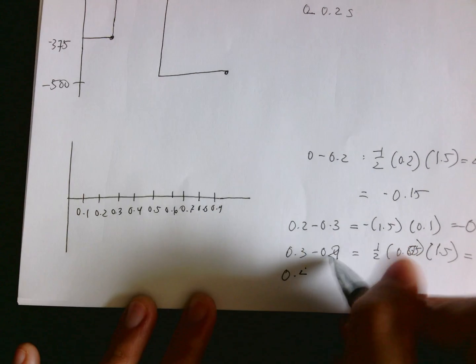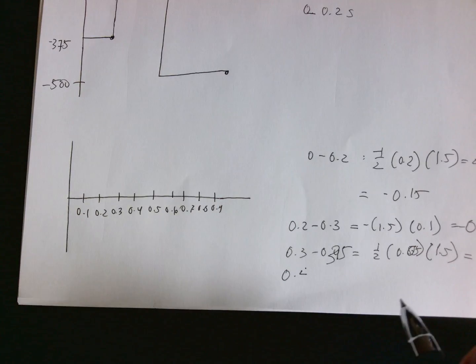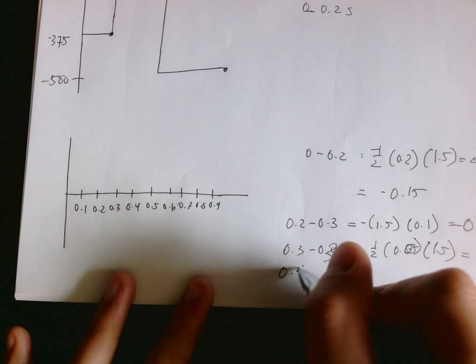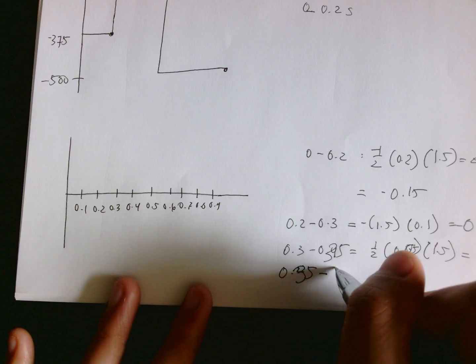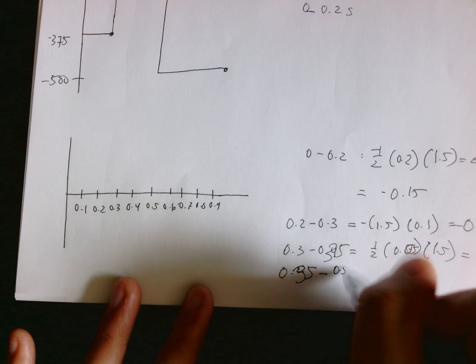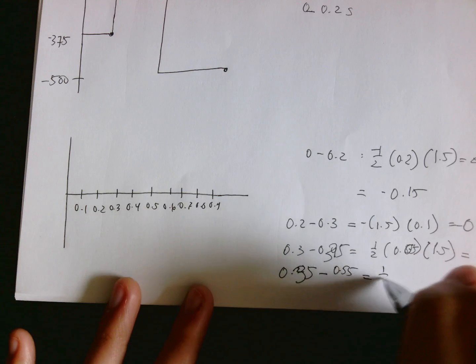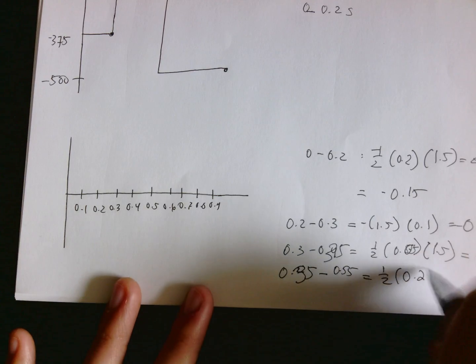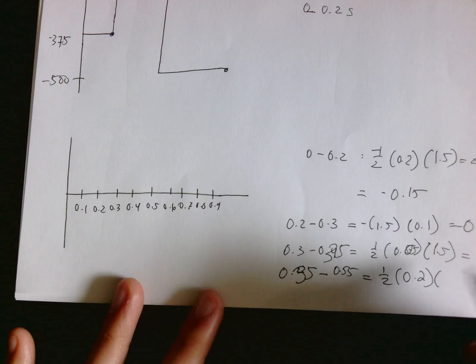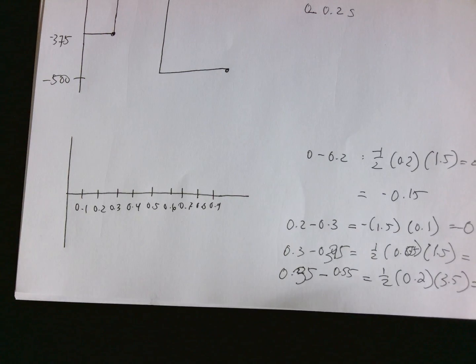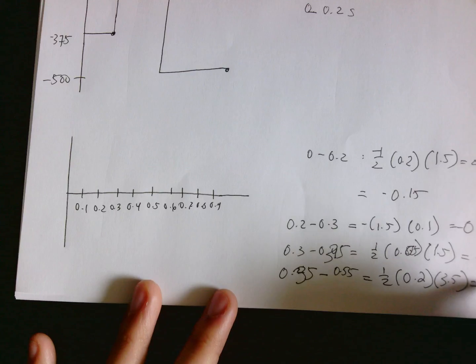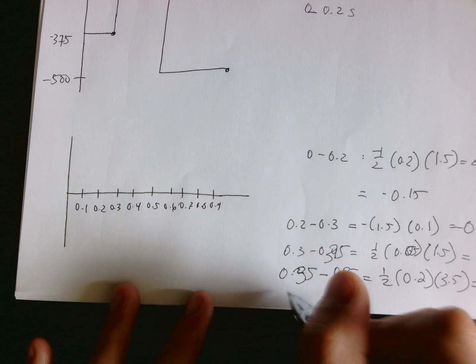And then from 0.35 to 0.55 is equal to 1/2 times 0.2 times 3.5, which is equal to 0.35 delta x.